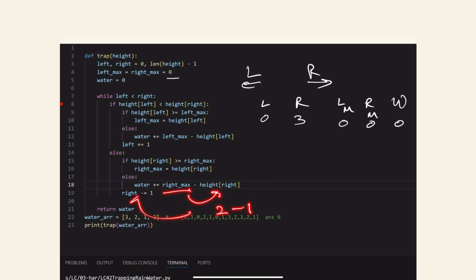So this is the amount of water I am holding. So water will be 0 plus 1, and we are moving the right pointer. Keep on moving the right pointer. This is how we can do water trapping in a single iteration.